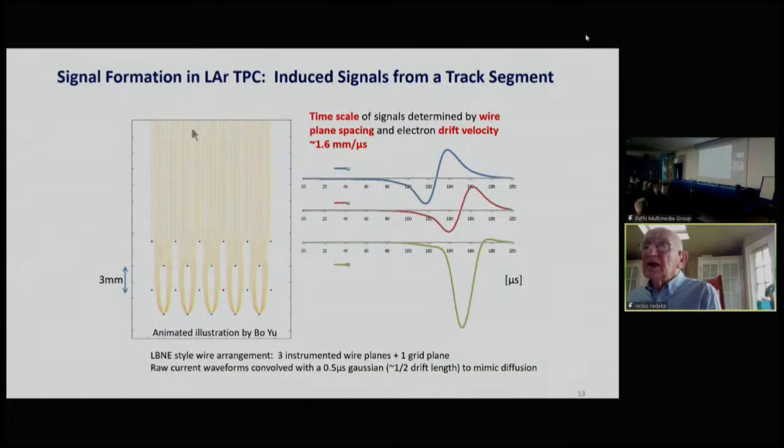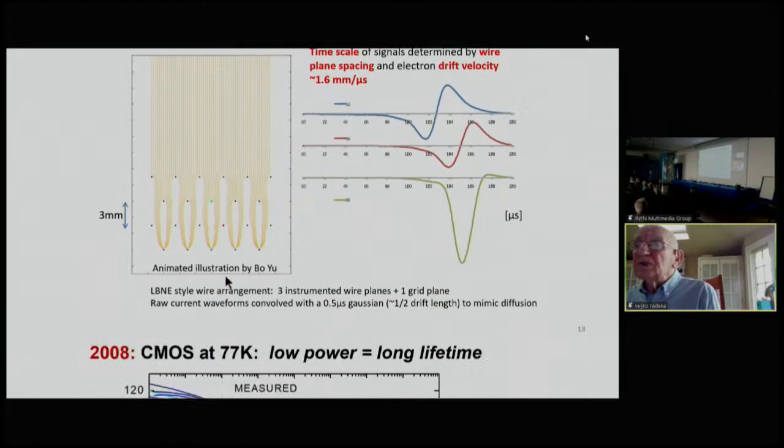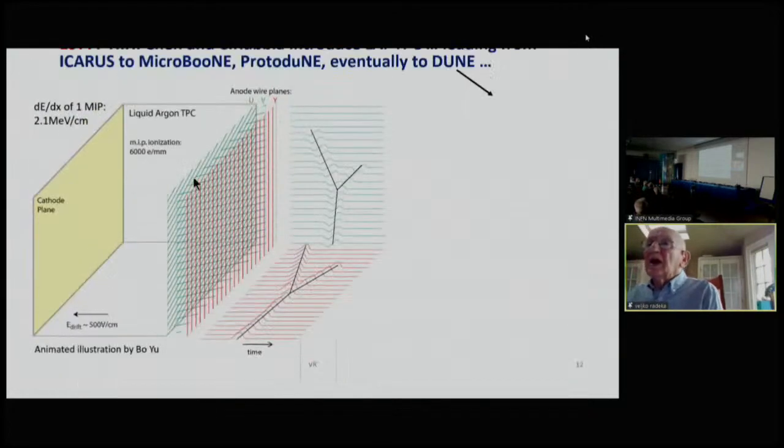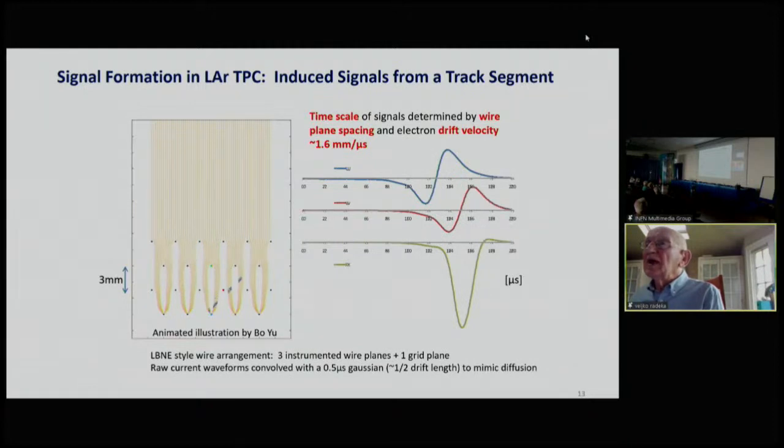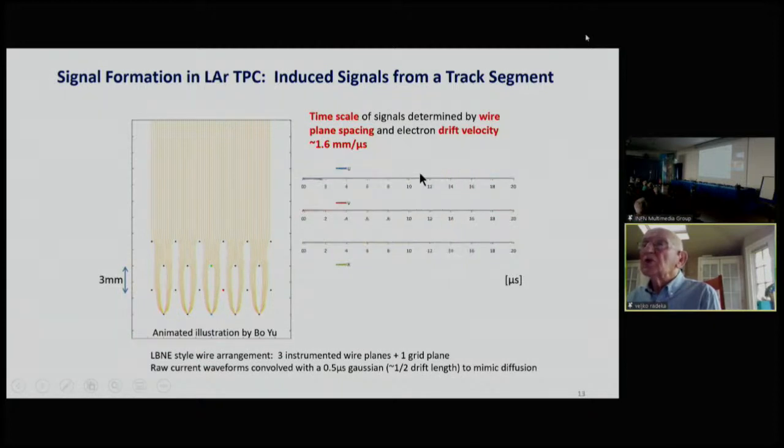It shows how the track goes through, inducing signals causing bipolar induced current, and finally collection current on the collection plane.